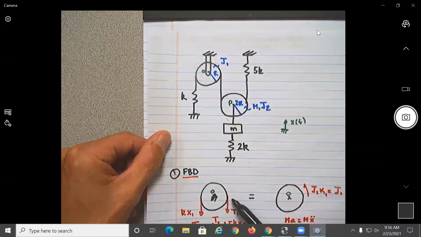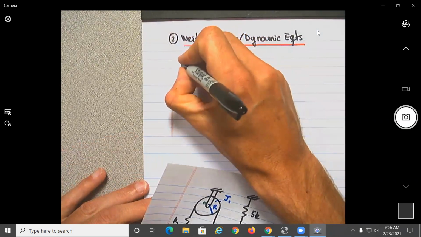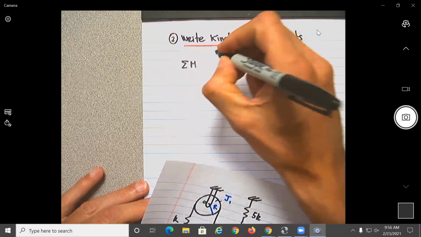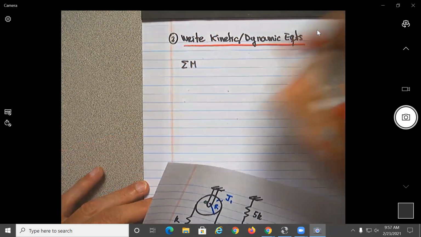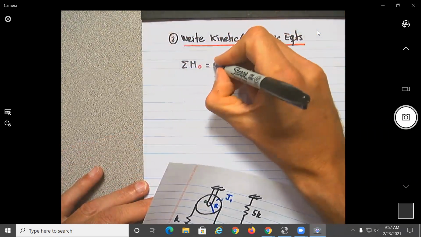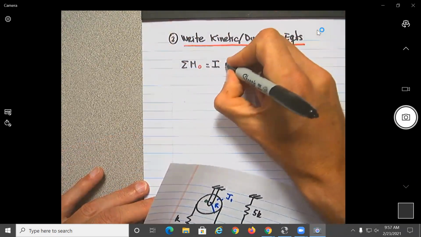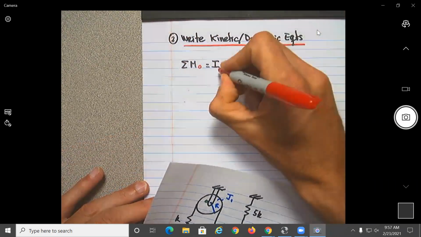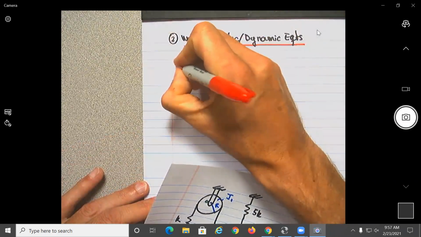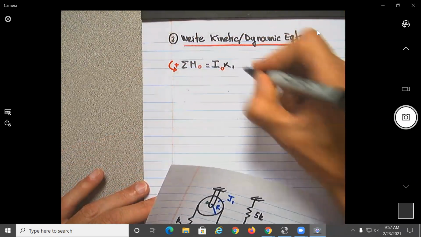Just rotation. So the only equation we need to take for that one will be summation of moments about point O will be equal to, okay, I'm going to write the general equation, I sub O alpha, and you need to specify the direction. Let's call this one alpha 1 because it's different.